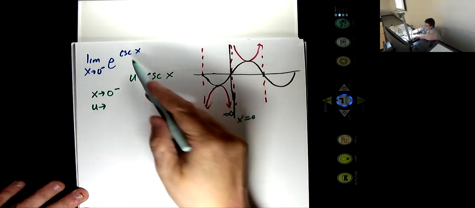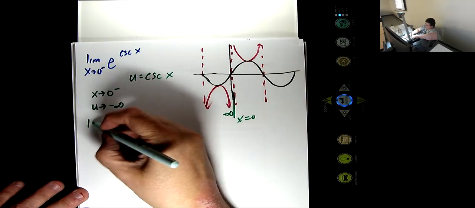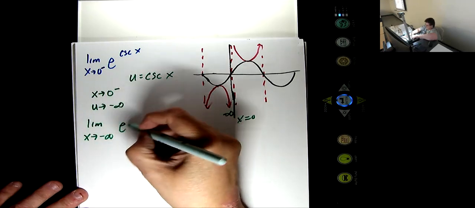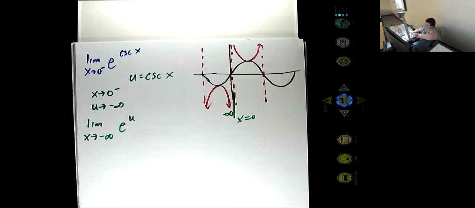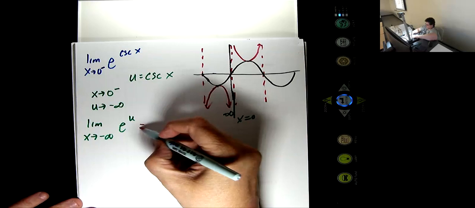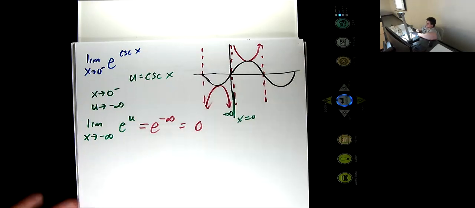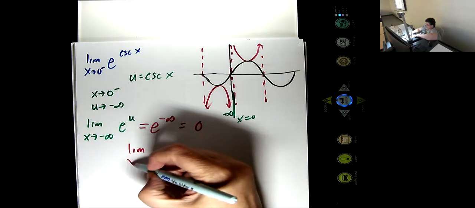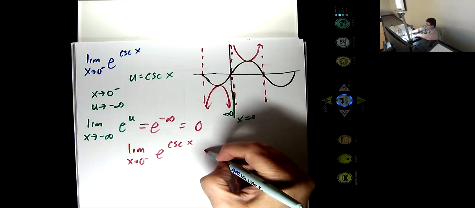The graph of cosecant x is approaching negative infinity. So I can rewrite this problem as the limit as u approaches negative infinity of e to the u. This doesn't actually cause any problems. We can just look at what e to the negative infinity looks like, which is 0. The limit as u goes to negative infinity of e to the u is 0. So the limit as x goes to 0 minus of e to the cosecant x equals 0 also.